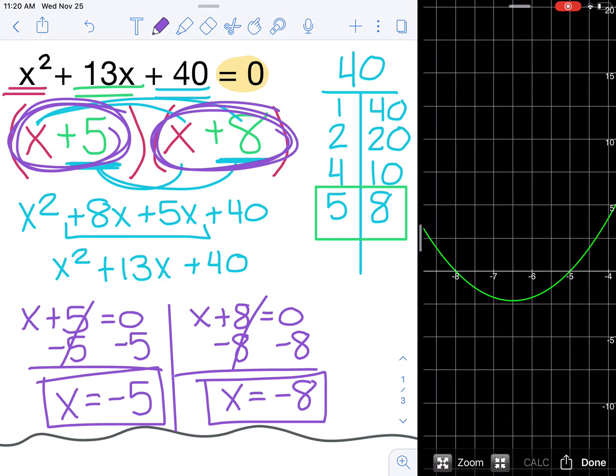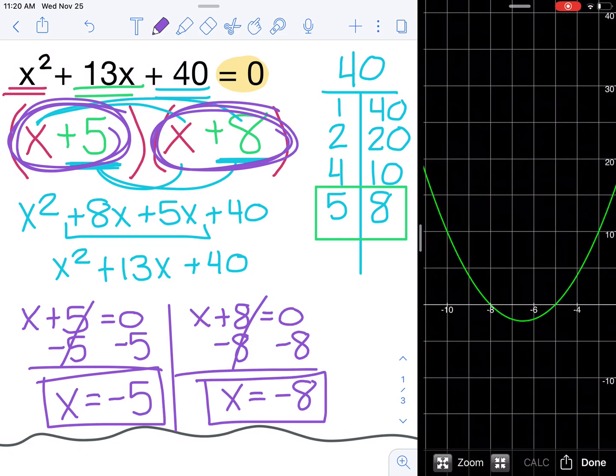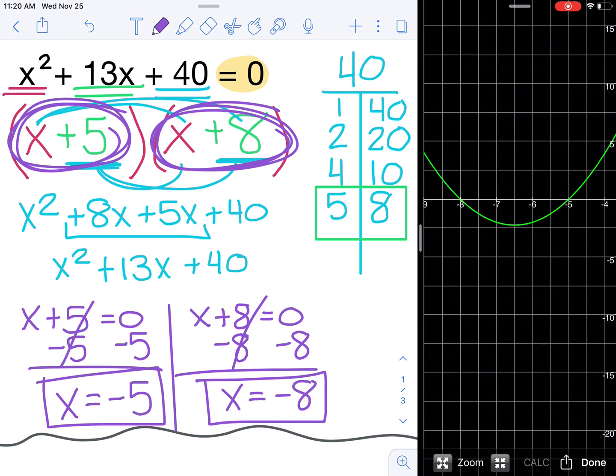In this case, I see my quadratic equation crossing the x-axis at negative 8 and negative 5. So those are indeed the two zeros, or two roots, or x-intercepts that I wanted. So I know that I'm correct. You also can use your graphing calculator as a great tool if you're having trouble finding the factors. You can always type it into your graphing calculator and let the graphing calculator help you find the factors that you need.